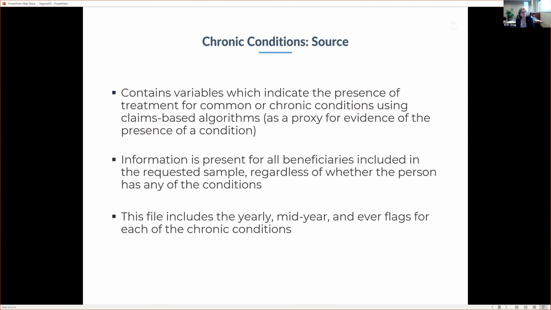We have the chronic conditions and other potentially disabling conditions. These are variables which indicate the presence of treatment for common chronic conditions using algorithms. Nate will talk about these algorithms in much more detail tomorrow. And the information is present for all beneficiaries in the sample, regardless of whether they have the conditions. And they include mid-year, annual, ever flags for these conditions.